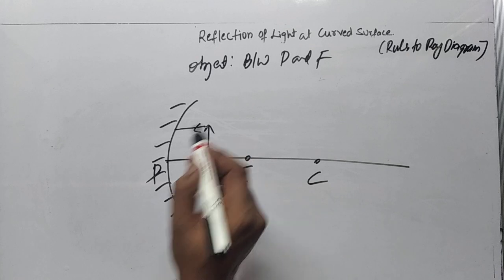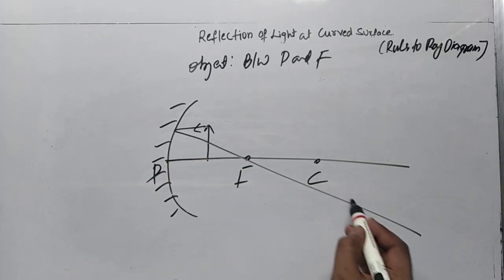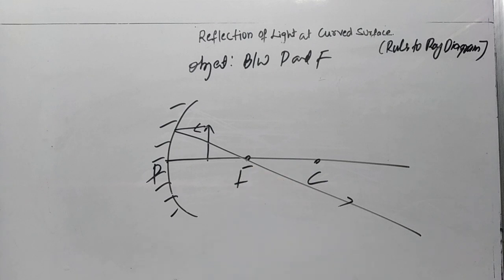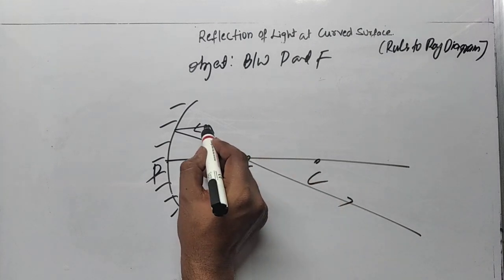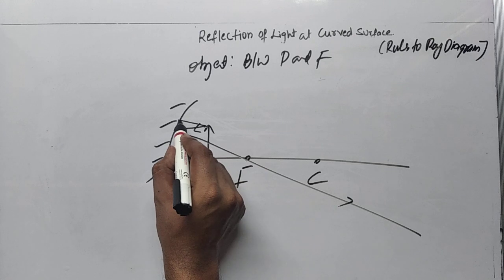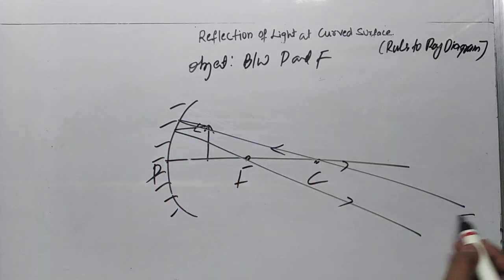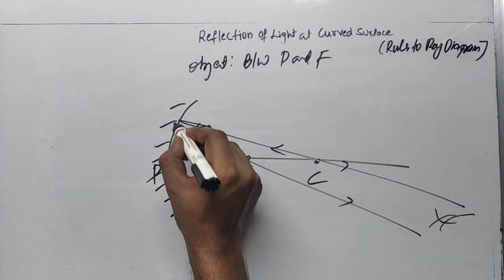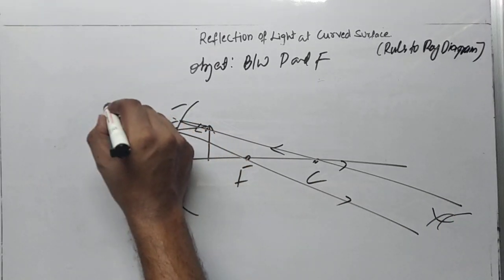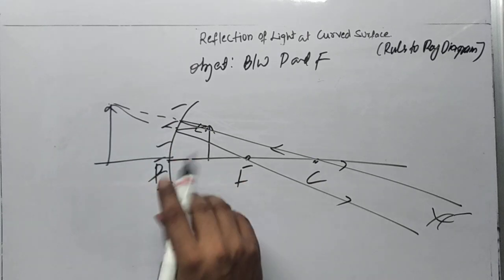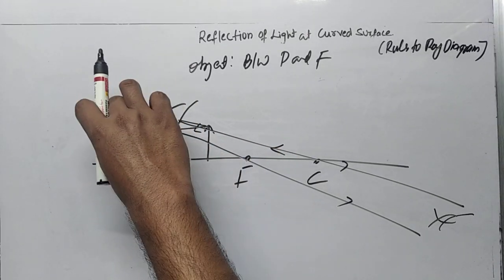Whenever a ray is parallel to the principal axis, it will pass through the focus. Second ray, we consider a ray which seems to be coming from the center of curvature. This ray will pass along the same path in the opposite direction. They won't intersect. If you extend them behind, they will intersect at a point. So here we are going to get an image behind the mirror.